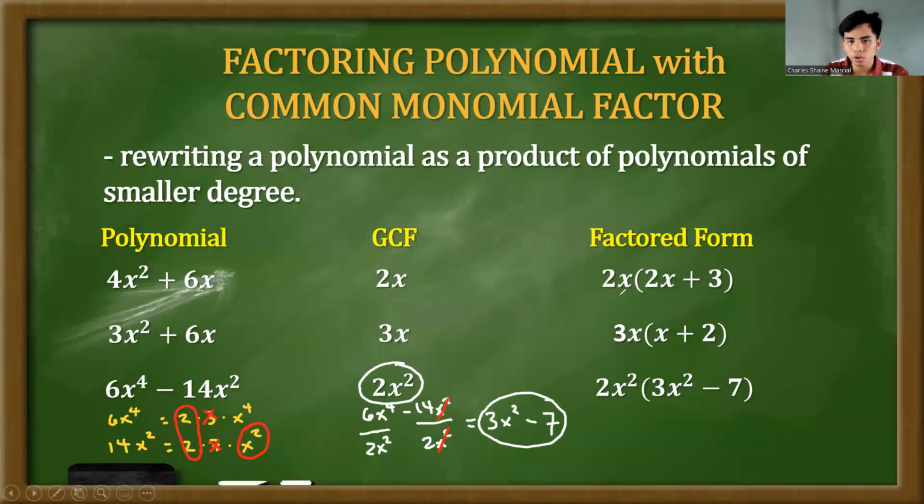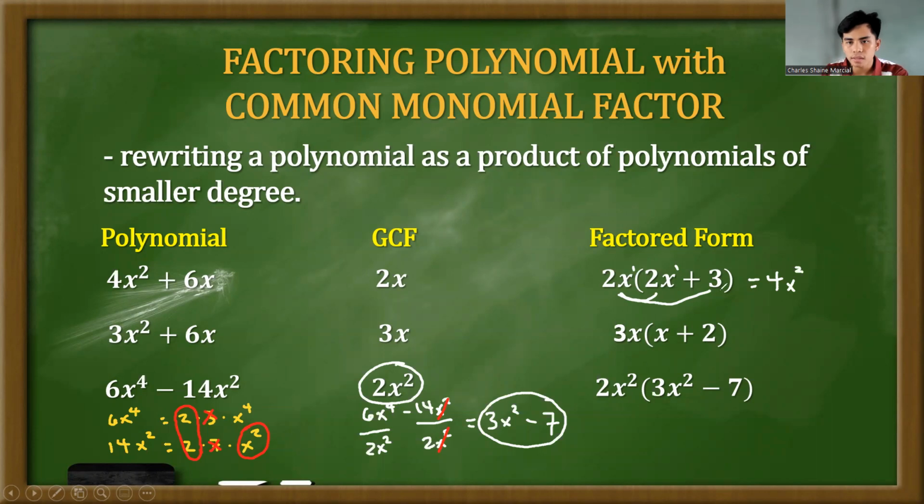i-multiply lang natin itong 2x dito sa dalawa. Ito ay i-multiply natin dito, and itong 2x i-multiply din natin dito. Sige, try natin. 2 times 2, that is equal to 4. Tapos merong invisible 1 dito. Since multiplication siya, i-add natin siya. So we have 1 plus 1, that is equal to 2.